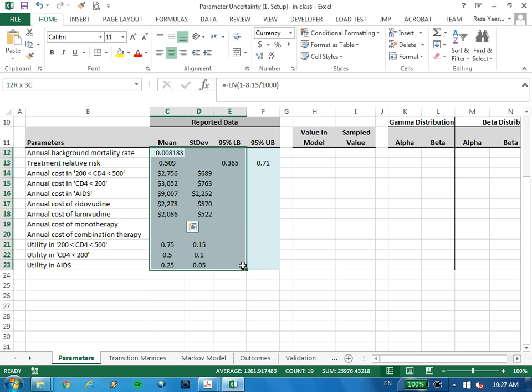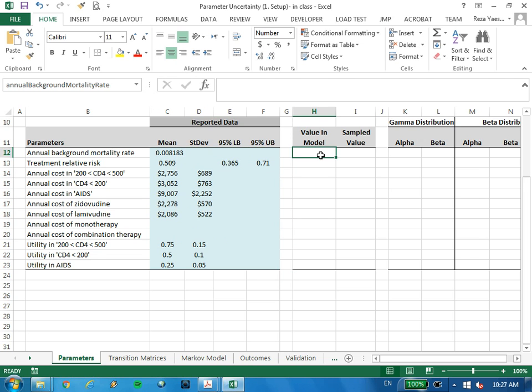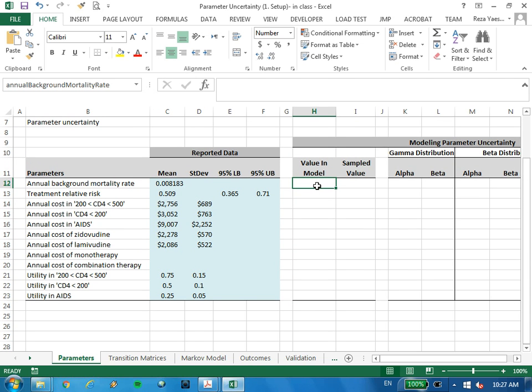So this is what I know from the literature. This column is the value that I'm going to use in the model. This is what we had before. So if you look at the names, you see that this is the annual background rate. This is the treatment relative rate. So this is where the model reads the value of input parameters. Now, if I want to continue the way that I did it before, use the mean of parameters, then the value here is equal to this.